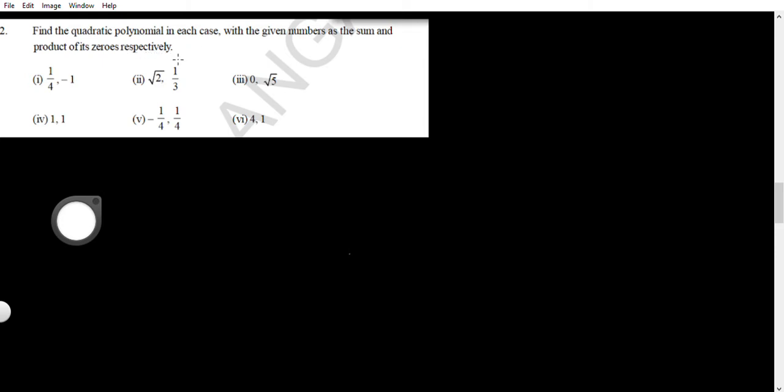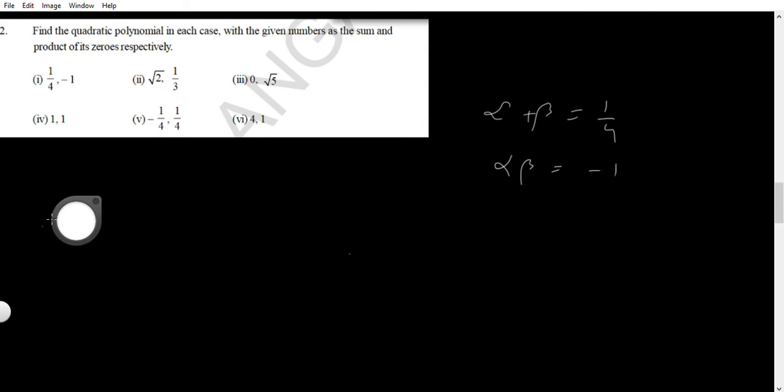That means the given sum of zeros, generally called alpha plus beta, is 1 by 4 in the first case, and the product of zeros is given by -1.